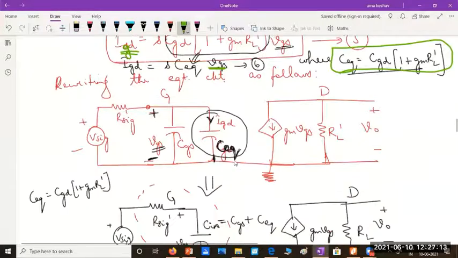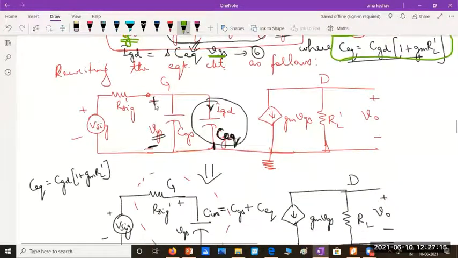Where do I have the voltage VGS? Voltage VGS appears between the gate and source, and the source is grounded. So across this voltage I can connect another equivalent capacitance C equivalent. The current flowing through that C equivalent would be IGD and the value of the capacitance would be CGD into 1 plus GM RL dash.